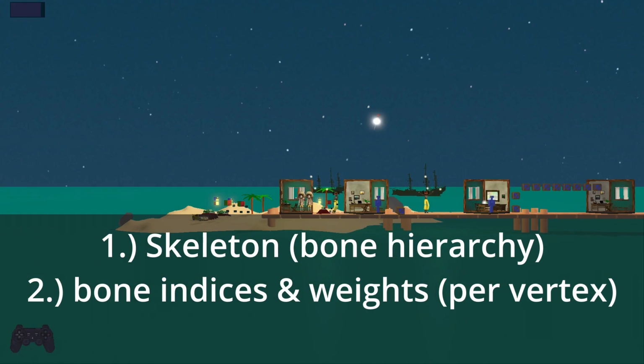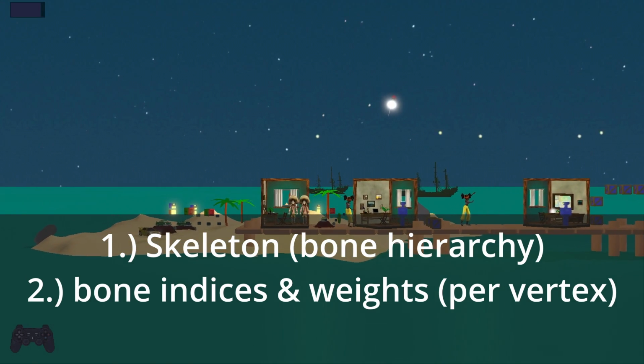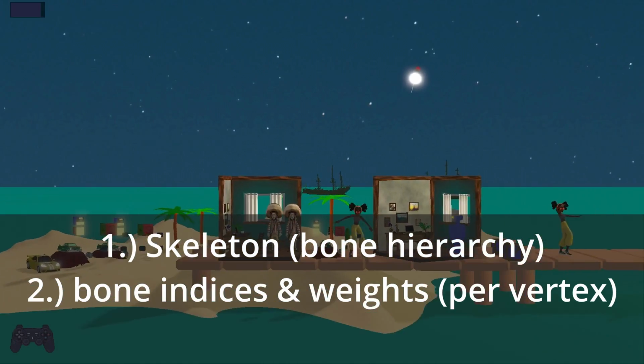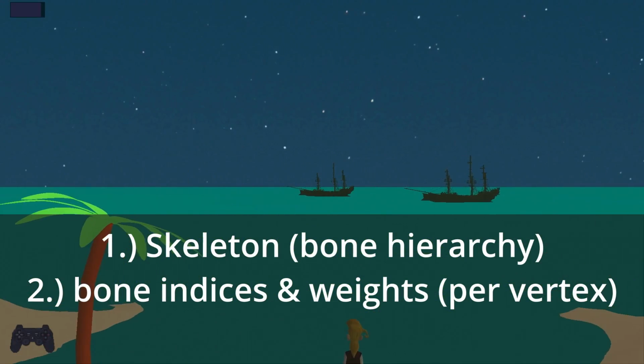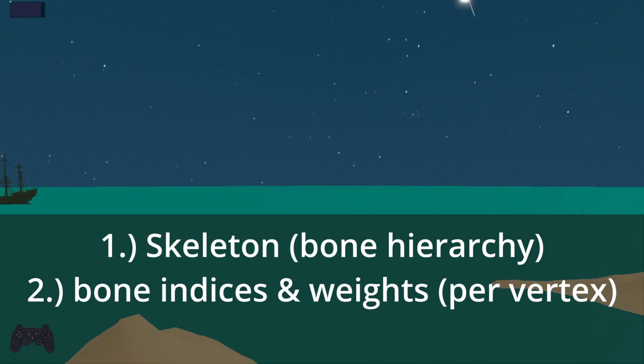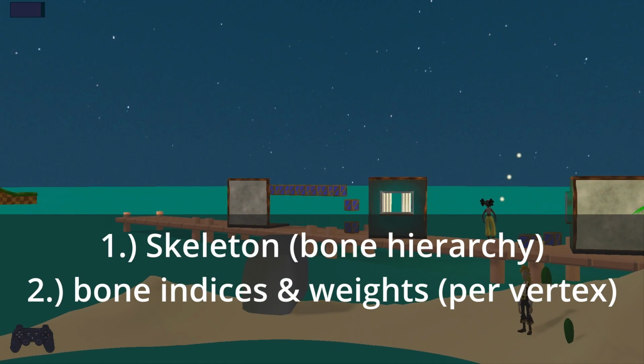So we have an array of bone transforms available in the vertex shader, and the bone indices stored for each vertex are used to index into this array. We support up to 4 bones influencing a vertex. For each vertex, we also need to load a weight that defines how strong a bone may influence a vertex.